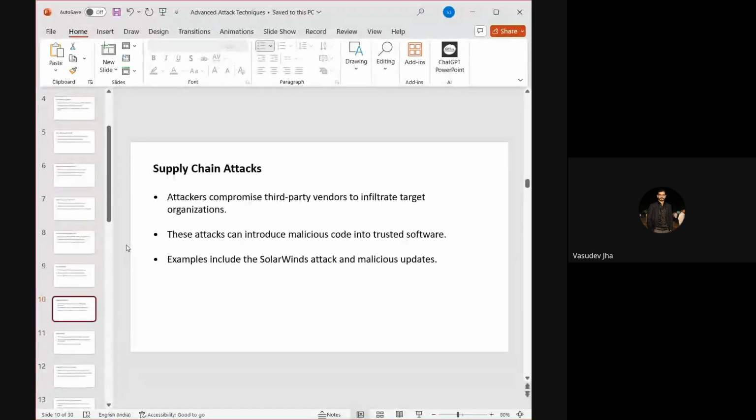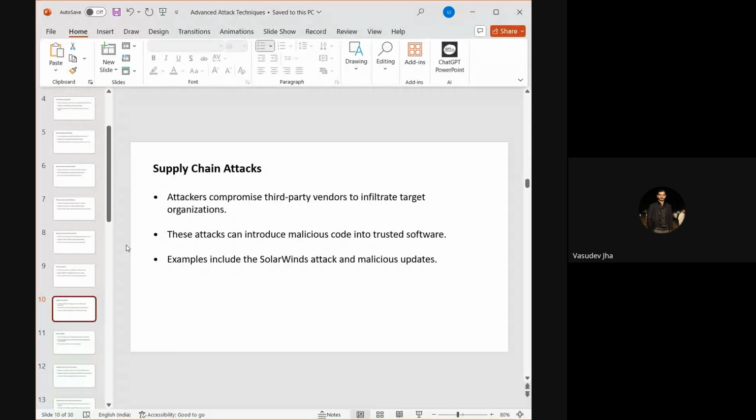Now, suppose you have a website. Okay, and for a specific image, you are using a third-party vendor. So he will store the image and give you a URL so that you can save space in your local database or in your cloud or any database you are using.